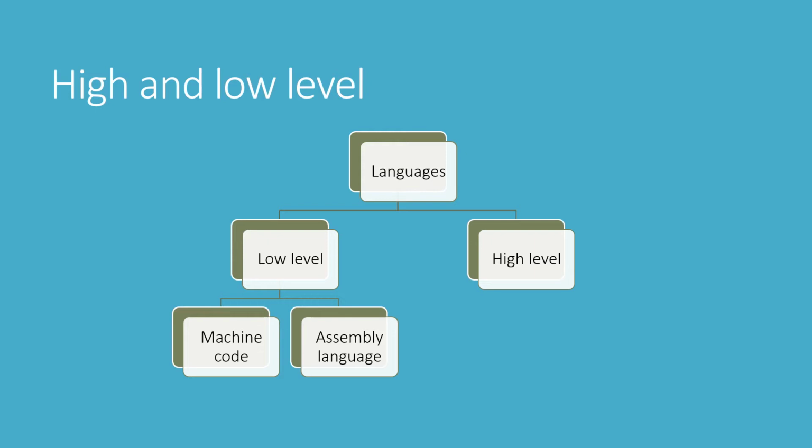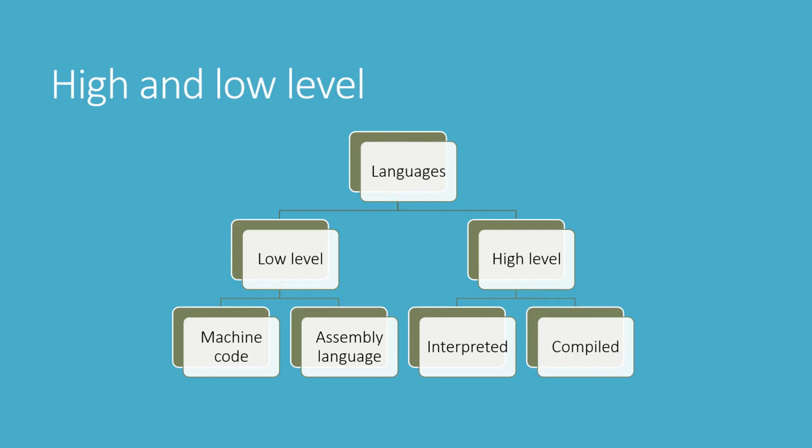These are languages that very closely resemble the instruction codes used by the computer when it's operating. High-level languages are less similar to the underlying machine code, and they include interpreted languages and compiled languages.